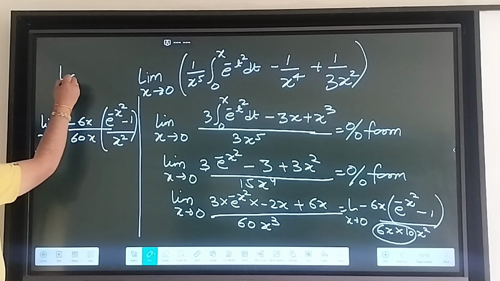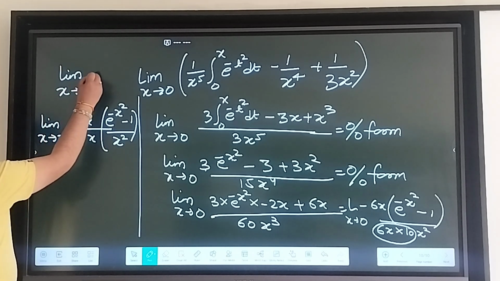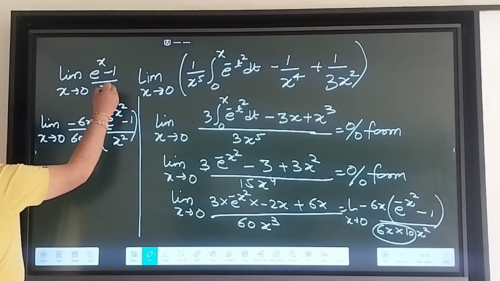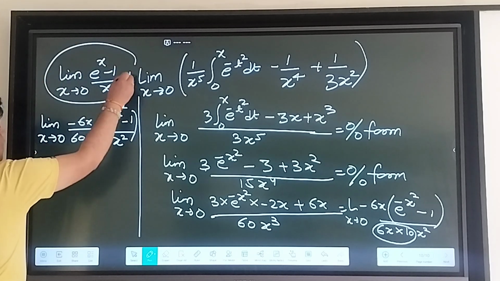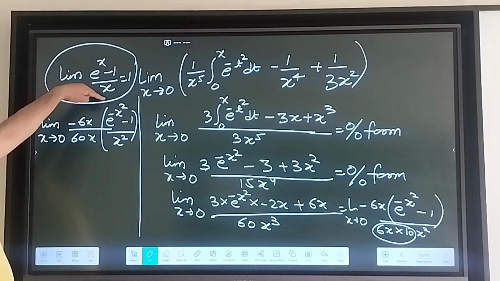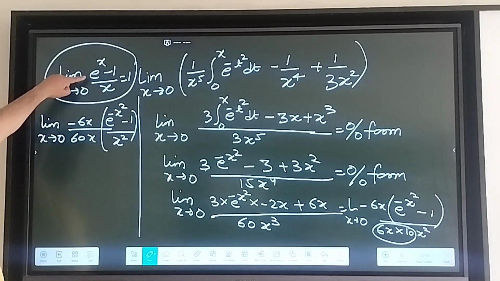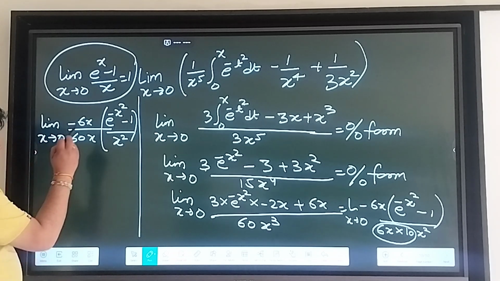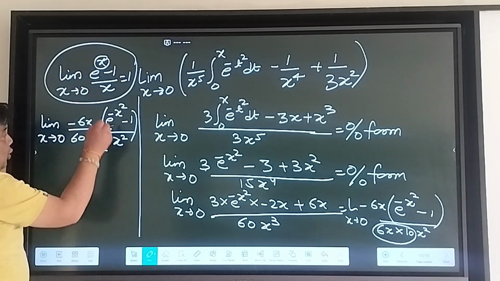You remember this formula, limit x tends to 0, e to the power x minus 1 upon x is 1. You can again prove it with the help of L'Hopital's rule. E to the power 0 is 1, 1 minus 1 is 0, 0 by 0 form, differentiate numerator and denominator, you will get e to the power x, tending to 0, e to the power 0 is 1. So you apply the same formula here. Whatever value is here should be here.